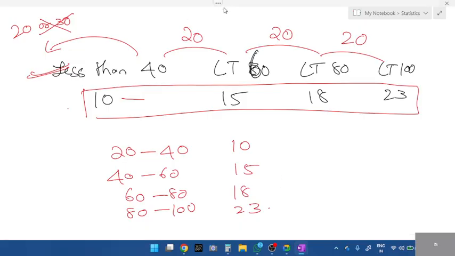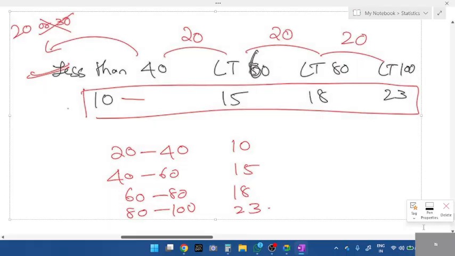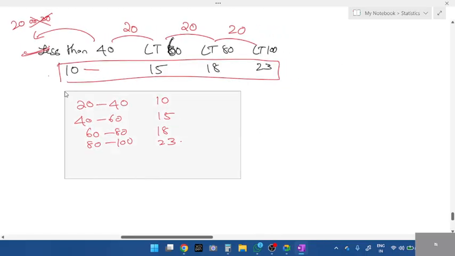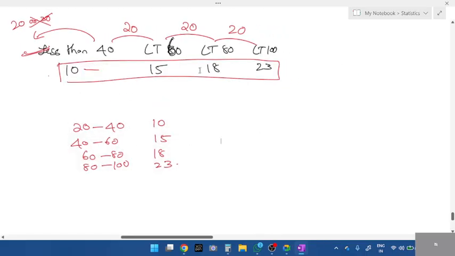Response students, did you all understand? Now here the tricky part is, for an ogive graph, we don't need to convert. For an ogive graph, this is enough. But what about histogram and frequency polygon? Do we need frequency or cumulative frequency for histogram and frequency polygon?